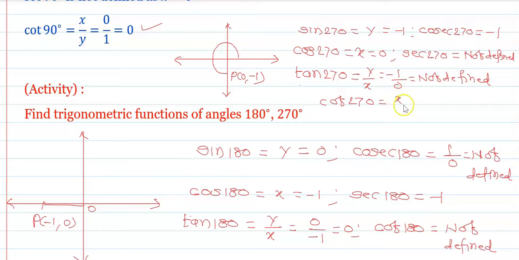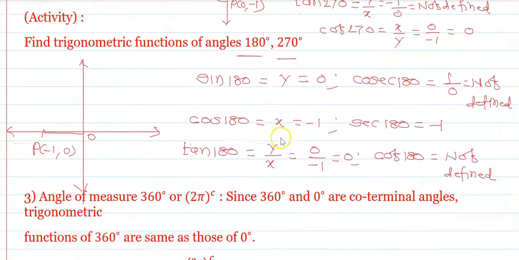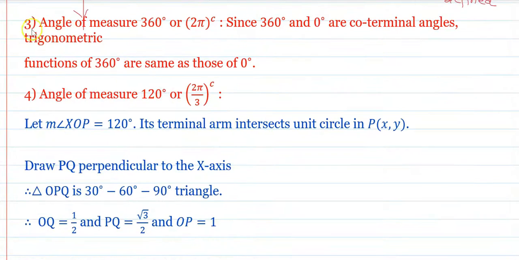It is x upon y. But what about x? X is 0 upon minus 1, and that is equal to 0. And in this way, these are the values of 180 and 270. Okay. Next, angle of measure 360 or 2 pi.